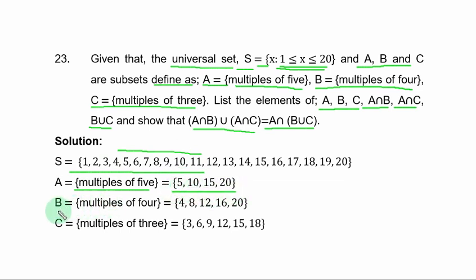Subset B is the set with elements multiples of 4. You list all the elements in the universal set that 4 can divide. You have this result. Then subset C is a set with all the elements that 3 can divide. In the universal set, you have this result. So we have listed the elements in A, B, and C. We continue and list the other elements.